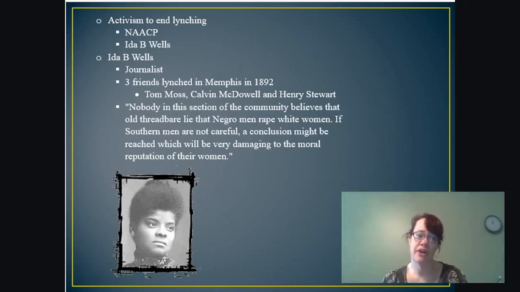Even when it was a case of sex, it was not usually rape, but a strong reaction against any kind of interracial relationships, even if they were consensual.